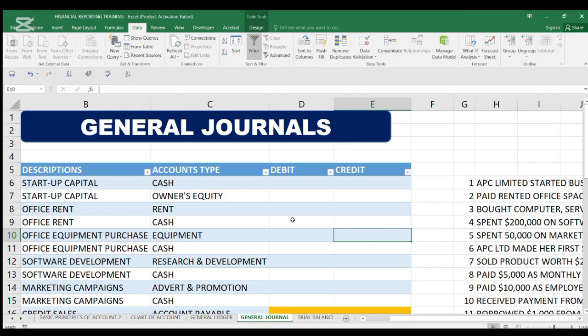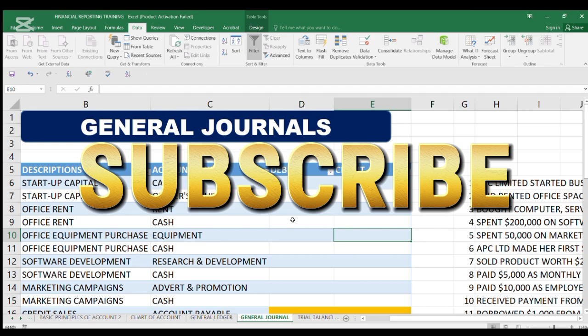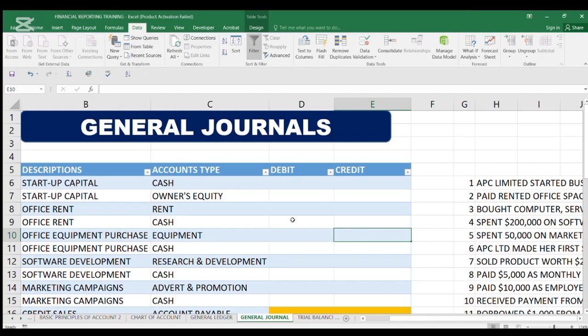Welcome once again. Today, I'm going to take you through how to prepare financial reporting, the financial reporting that you have been hearing about. In other words, we are going to prepare a complete financial statement from scratch using a given raw transaction.